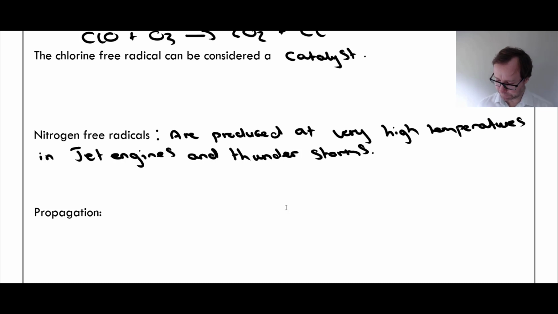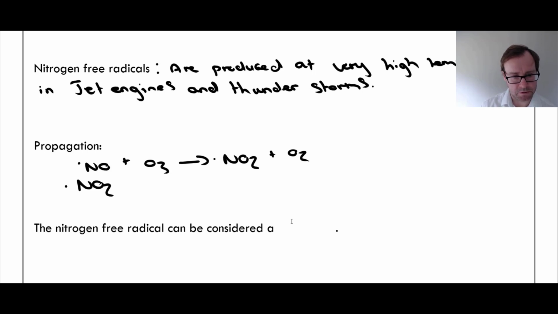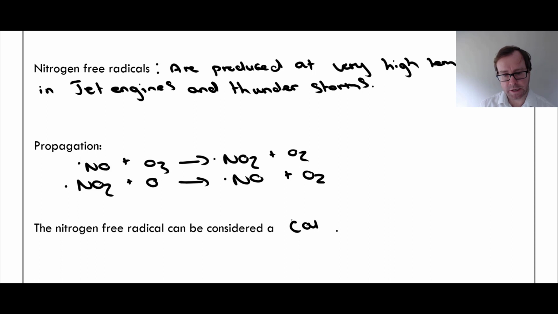Okay, and we only need to do the propagation step, so it's very similar to our chlorine free radical. O3 goes to NO2 plus O2, and then NO2 plus O goes to NO plus O2. And again, the nitrogen free radical can be considered a catalyst because it's at the end and the beginning.